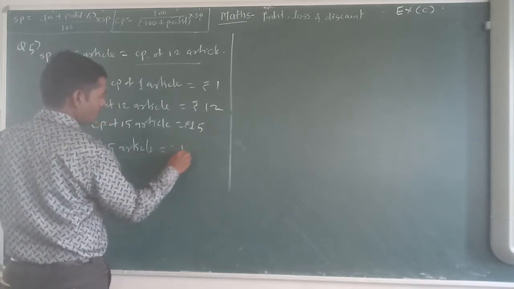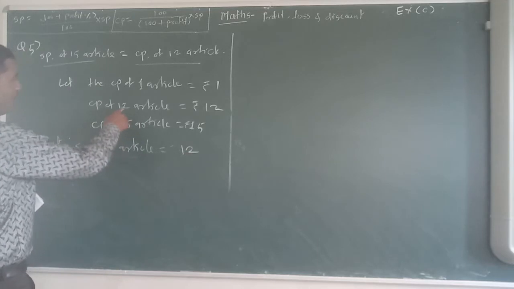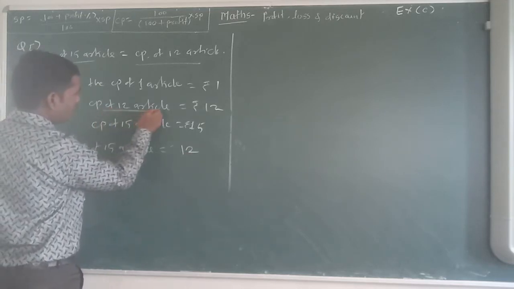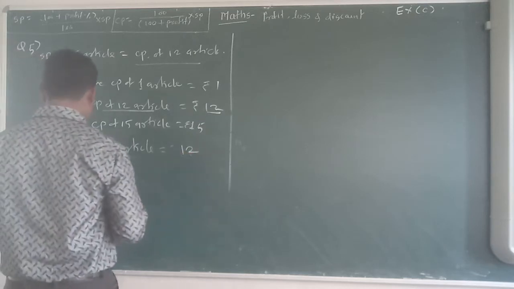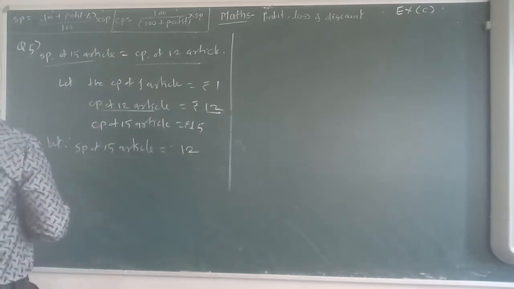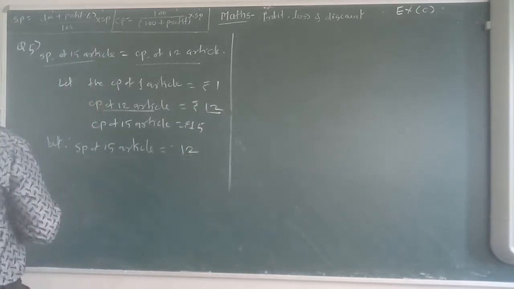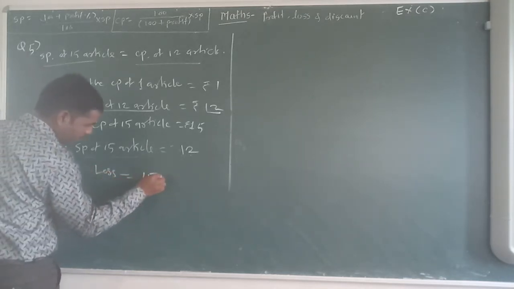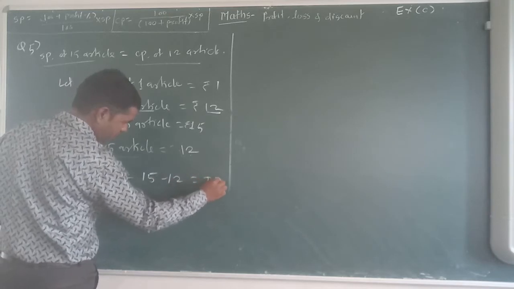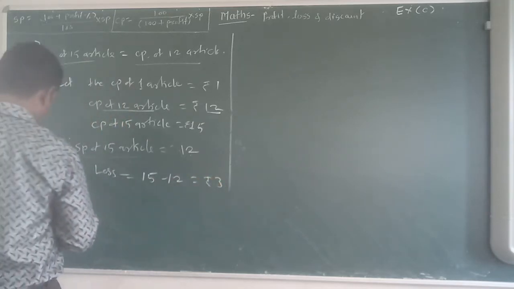Only rupees 12, because the cost of 12 articles is rupees 12. That's why I have written 12 here. So loss is how much then? Loss is equal to 15 minus 12. Rupees 3 is the loss.